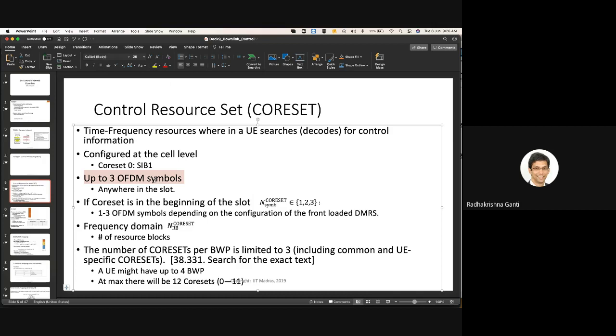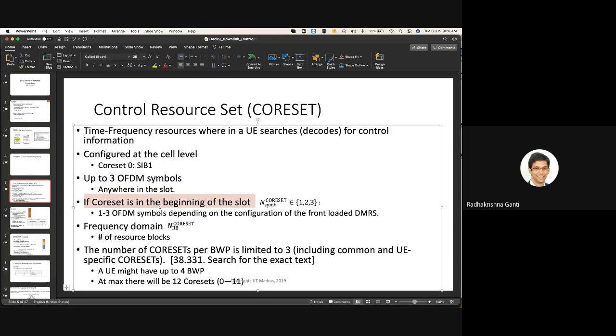It can be anywhere in the slot. In general, CORESETs are put in the beginning of the slot, because unless you decode the CORESET control information, you cannot decode the other data. What happens if you put the CORESET at the end of the slot?